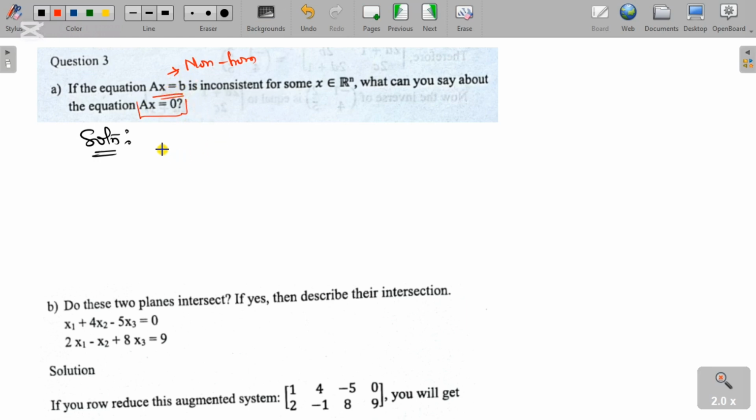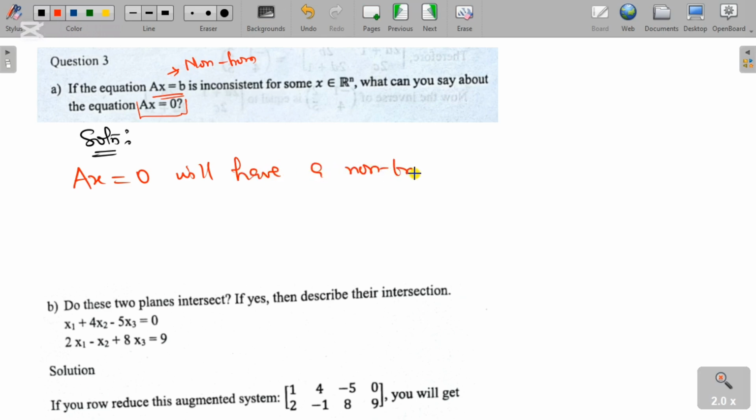Okay, and we know that there is a rule, which you can actually call a theorem or a remark or whatever, that says that when a non-homogeneous equation is inconsistent, then the homogeneous part of that equation is going to have a non-trivial solution. All right, and that is what they want us to state here. So the equation Ax equal to 0 will have a non-trivial solution.